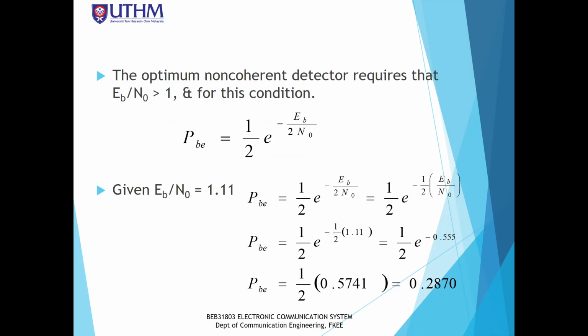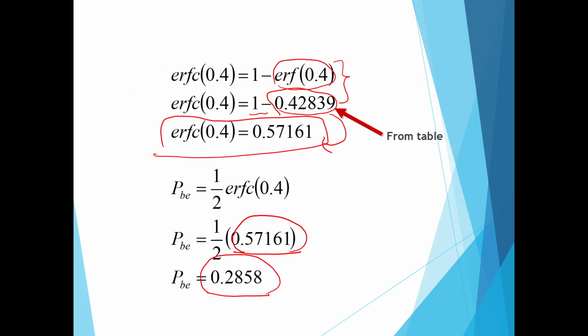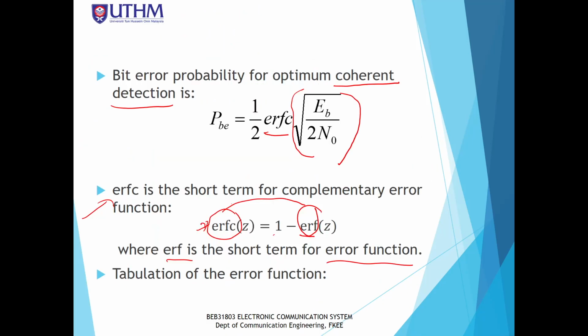And then if we want to use a non-coherent detector, jika kita menggunakan non-coherent detector pada receiver, so therefore the probability of error. Before that, maybe I need to add more explanation. This probability of error is actually defined as the probability of bit error after the decoding process by the receiver.